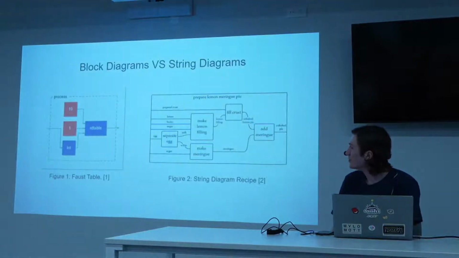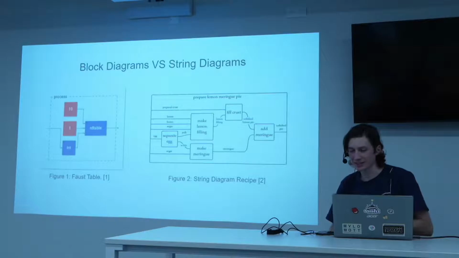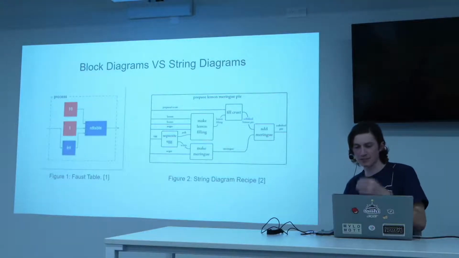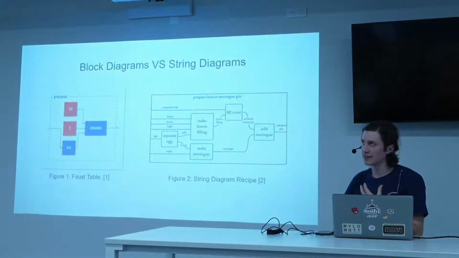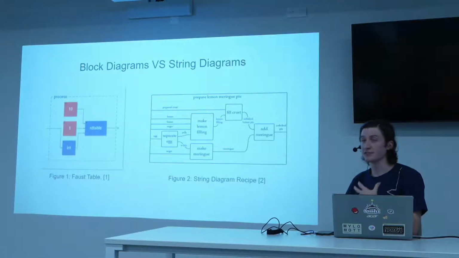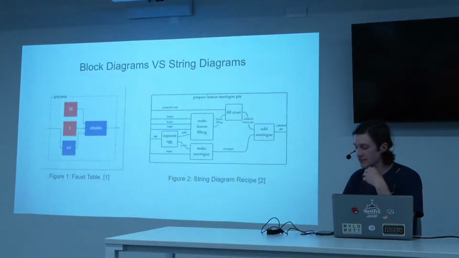Okay, so now that's all very abstract mathematical concepts, but I wanted to give a little more of an explanation of why you would use specifically a monoidal category to model Faust's diagram algebra.